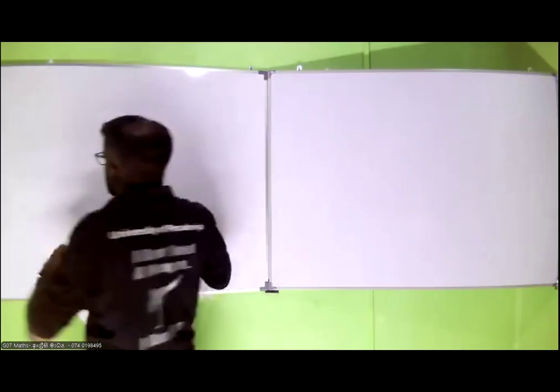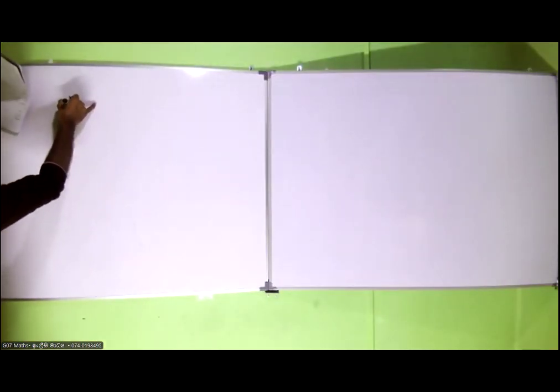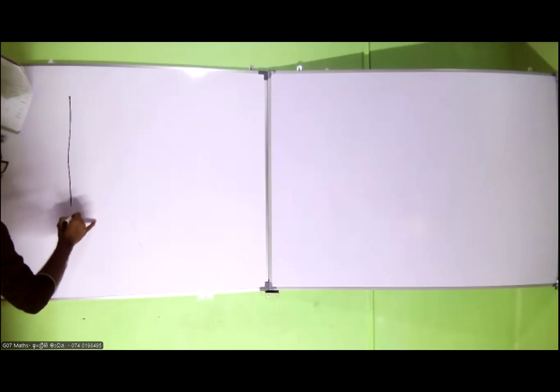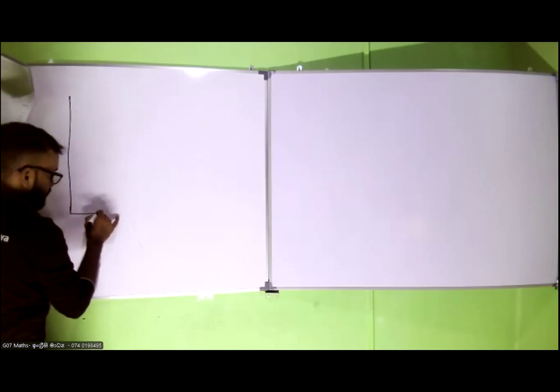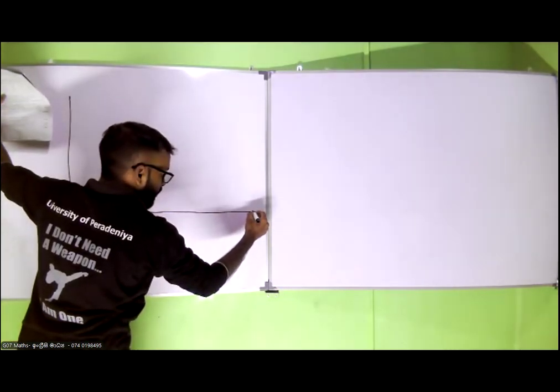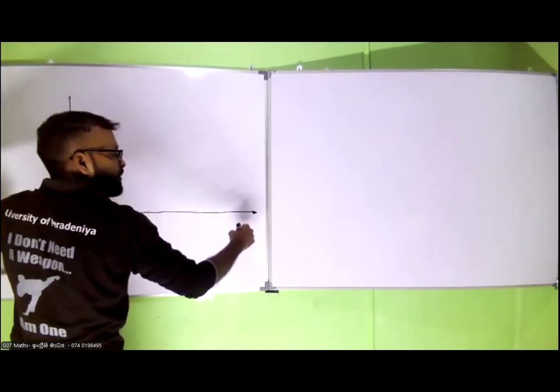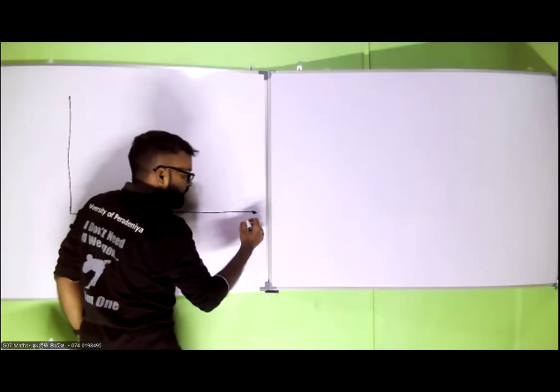So I will use here, and this is the y-axis of my multiple column graph. Then this is my x-axis. This x-axis represents the name of the classes.